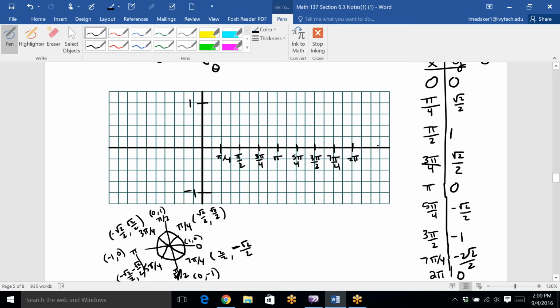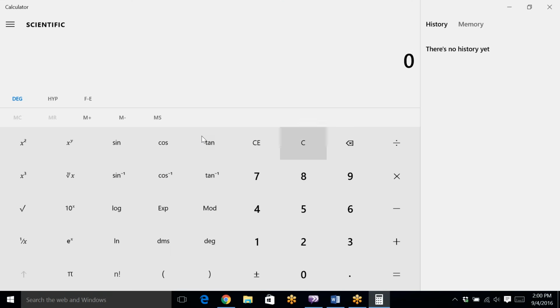Now we did say that this pattern continues, so just because I'm not drawing those individual pieces, we can estimate where they're going to be just by the pattern repeating. And you could just plot extra ordered pairs or negative radians to prove it. So at 0, 0. Square root of 2 divided by 2, we estimated that in class, but let's do it again.